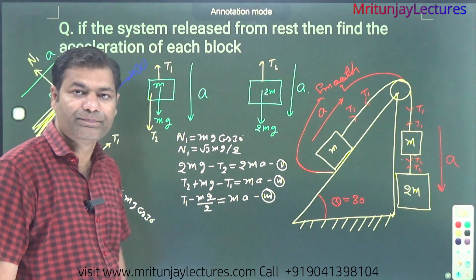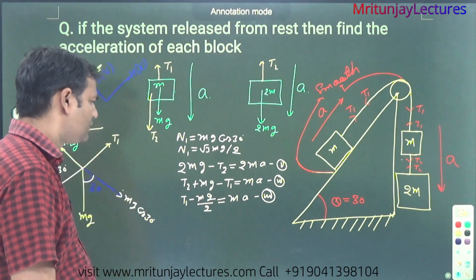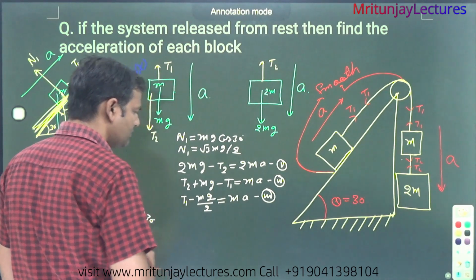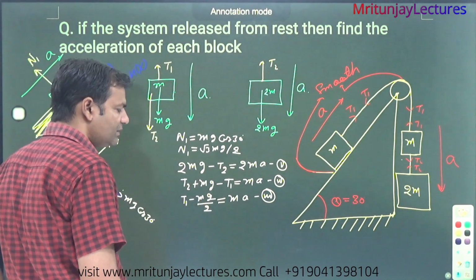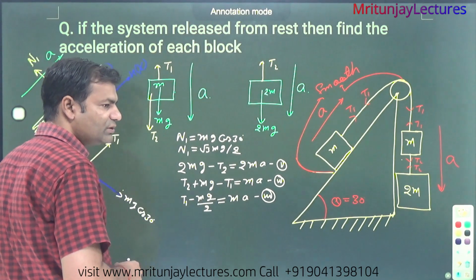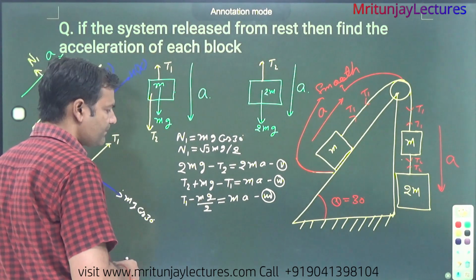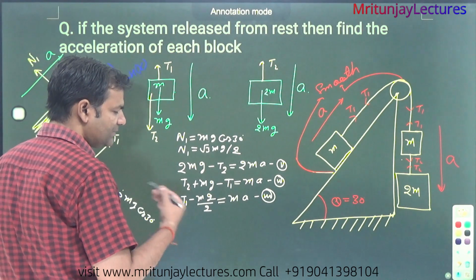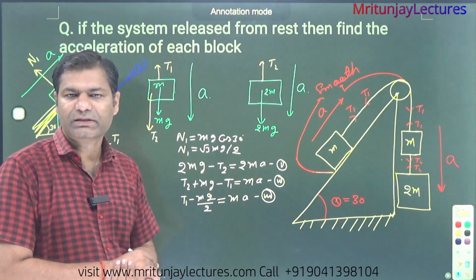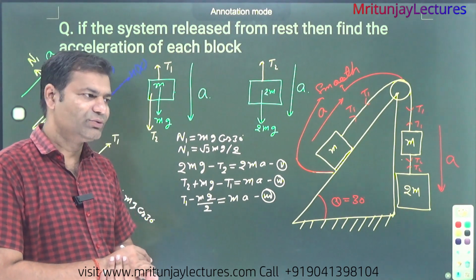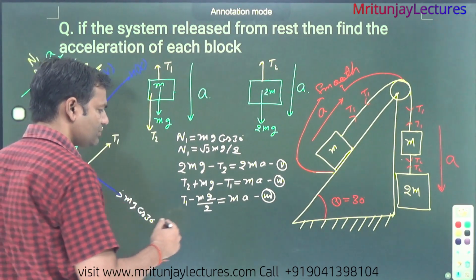Adding 1, 2, 3, T1 and T2 are cancelled out: 2mg plus mg, that is 3mg, minus mg by 2, that is written as 6mg minus mg divided by 2, that is 5mg by 2.